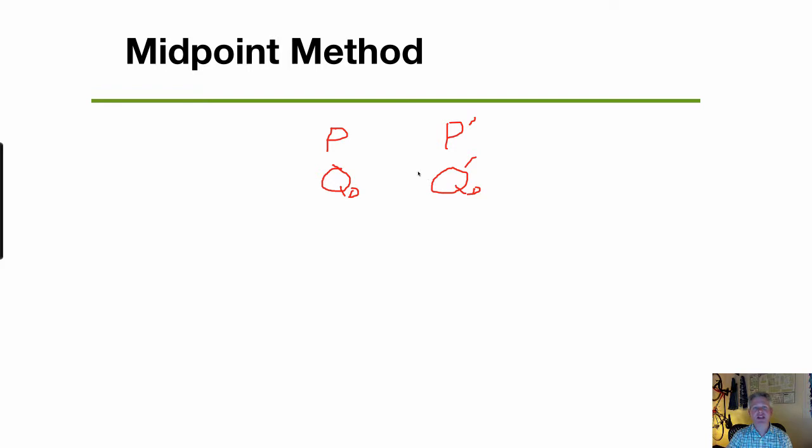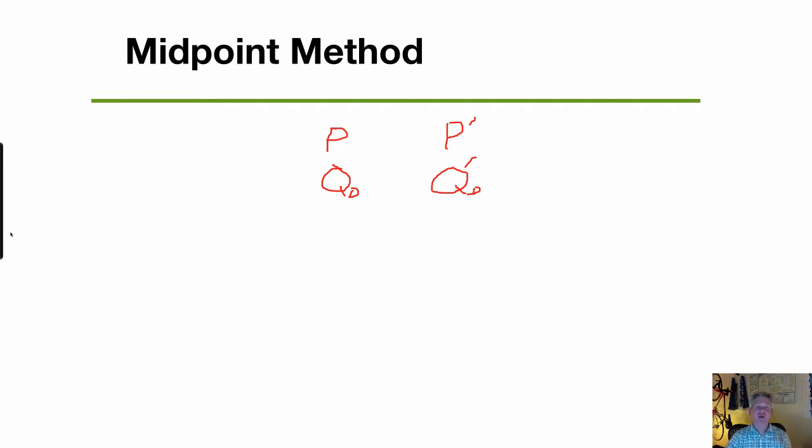So the midpoint says, well, let's find the middle distance between these two numbers and the middle distance between these two numbers and use that to find our elasticity, all right? Because the midpoint between these two is not subject to which one is the end point. It's not subject to whether we're going from this price to this price or this price to this price, okay?